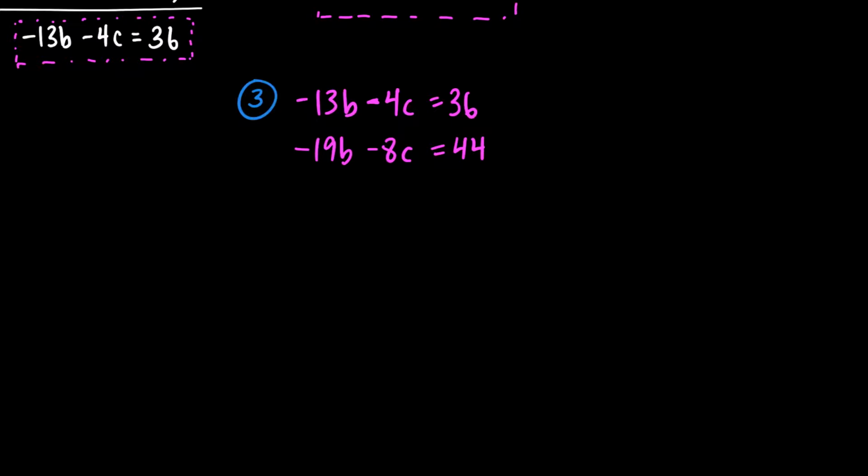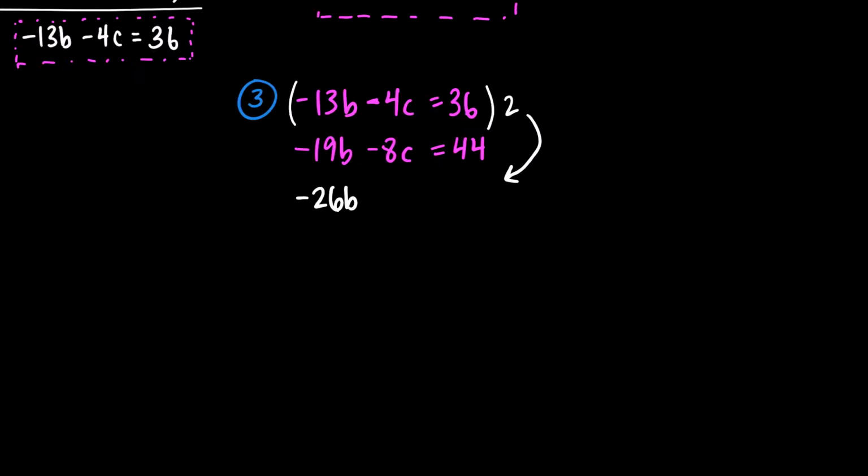Well, it depends on how you want to do these. We can do substitution, we can do graphing, we can do elimination. I'm going to recommend elimination. I actually like eliminating the C's because all we need to do is multiply this top equation by 2, and that would take care of the problem there. So when we do that, I'm going to write this one in white now. So that'll be negative 26B.